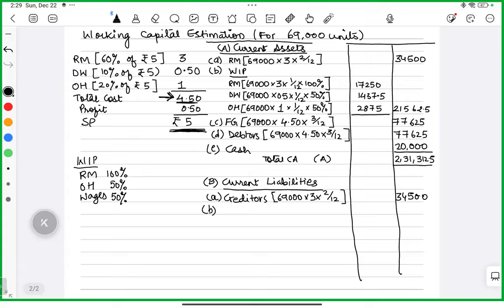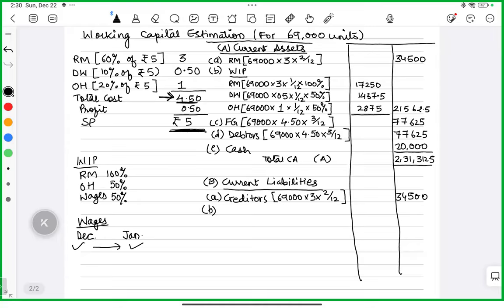Now see the paragraph below the table. Wages and overhead are paid in the beginning of month following. Okay. So let me just show you here. Wages. Okay. Let us say this is December going on and the next month is January. So wages of December will be paid in January, right?